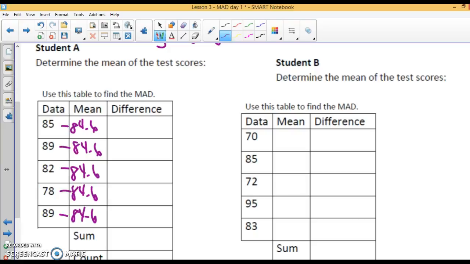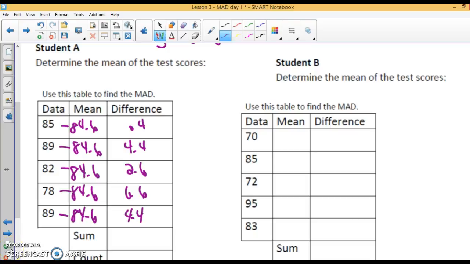So you can subtract as they are and just make it positive. Like this one, 82 minus 84.6, you're going to get negative 2.6, and just write it as positive. So the difference here is 4 tenths, 4.4, 2.6, 6.6, and 4.4.